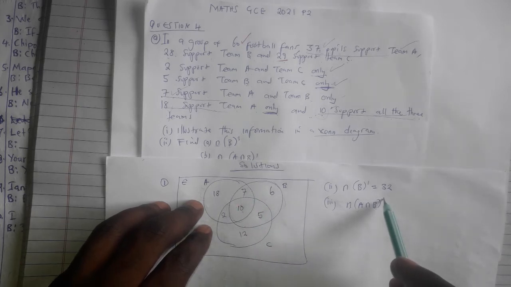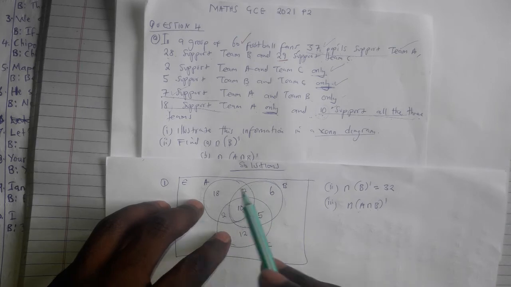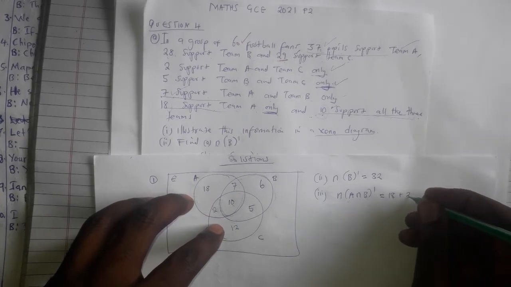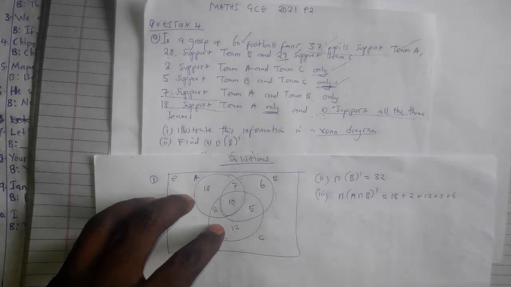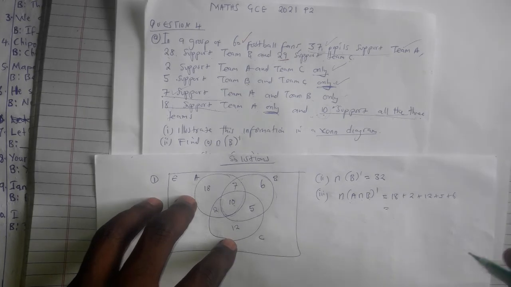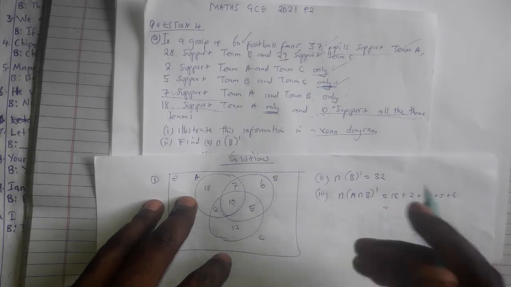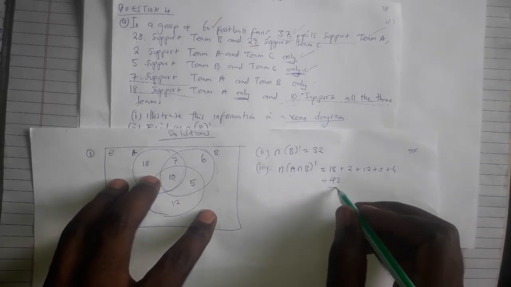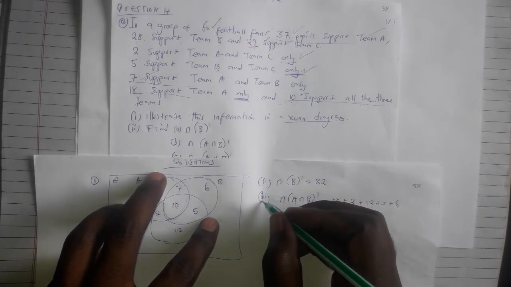Now there is a complement there, meaning elements which are not part of this portion here. So we are going to add 18 plus 2 plus 12 plus 5 plus 6. So that is what is going to give us the number of A intersection B complement. When we add, the total should come to 43. That is for the other part of the question, which is B actually.